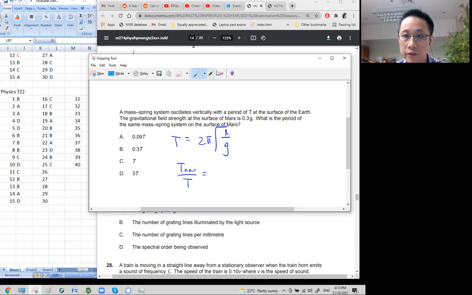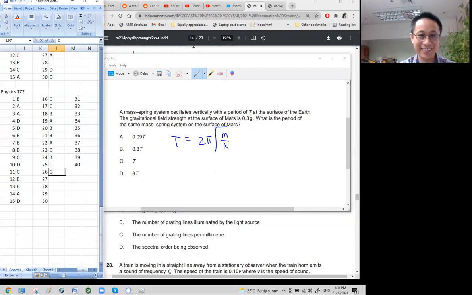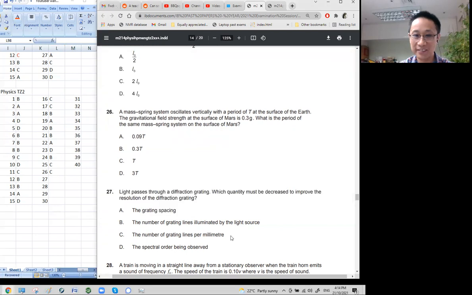Wait, I'm joking. This is a pendulum. They give you a mass spring system. Whew. It's m over k instead, so the gravity has no influence, because only the spring constant affects the period. So the period just stays the same. Wow, I almost fell for it. Okay.